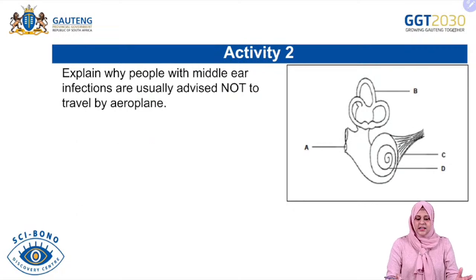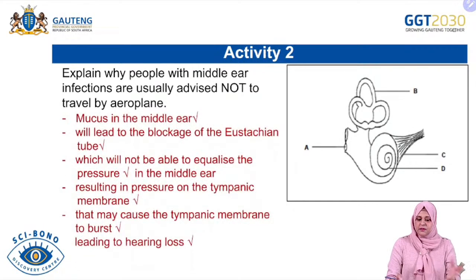And so mucus builds up in the middle ear, and that leads to a blockage in your eustachian tube, which will not be able to equalize pressure. Remember, the middle ear is supposed to be air-filled, but now if there's liquid in there, it's going to cause a tremendous amount of pain, and you are not able to equalize pressure on either side of the tympanic membrane, and this may cause the tympanic membrane to burst, leading to hearing loss.